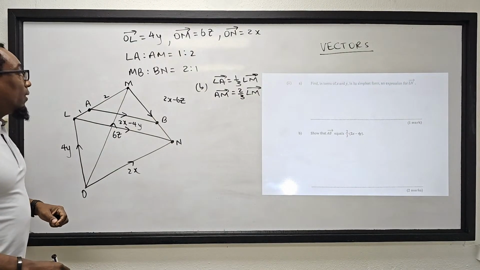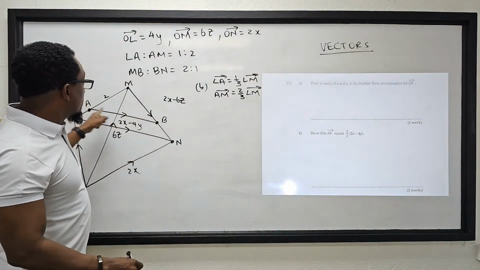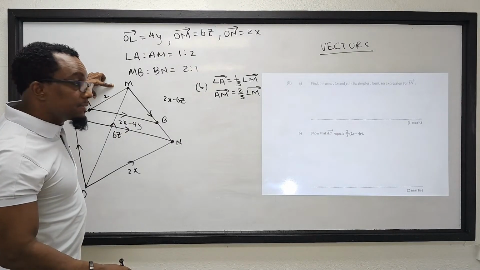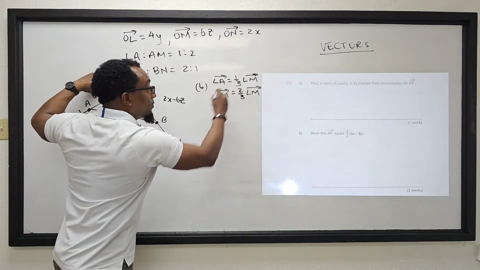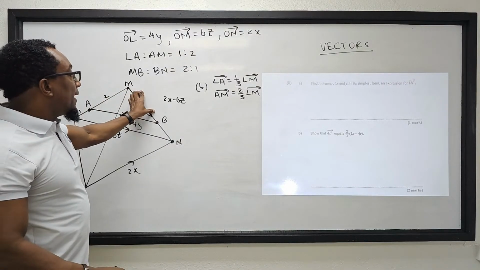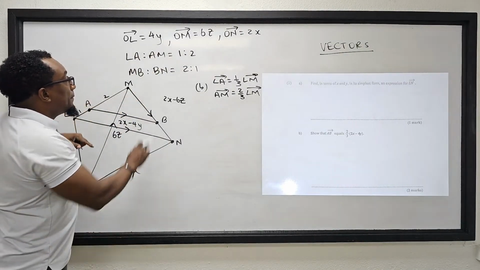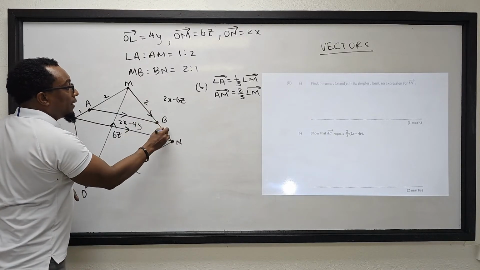Alright? It also says here, we don't know what MB is equal to, and we're using the triangles, we can find AM as we just saw from using that proportional relationship. And to find MB, again we have this relationship here. MB to BN is 2 to 1.